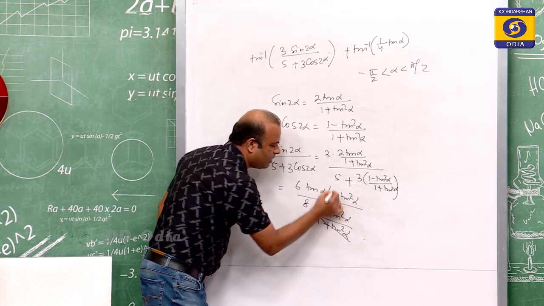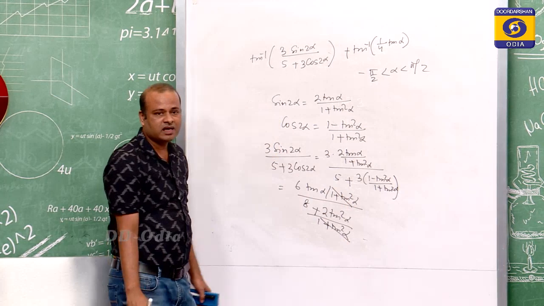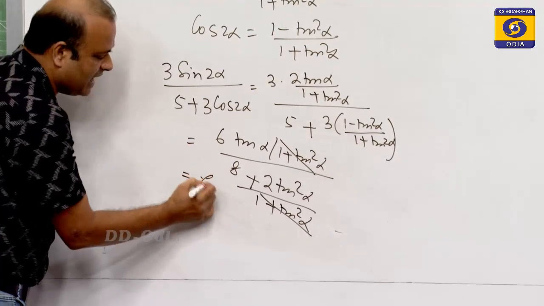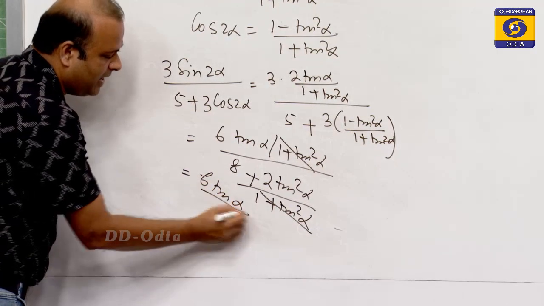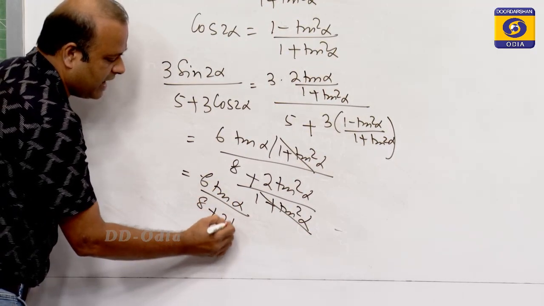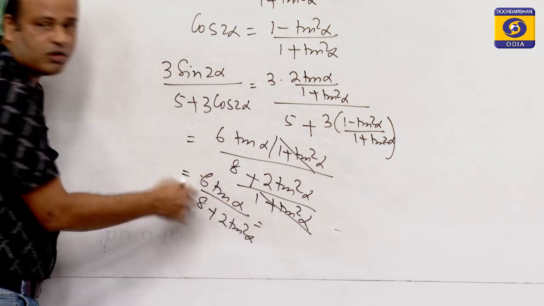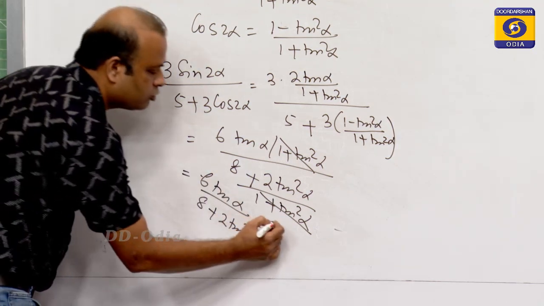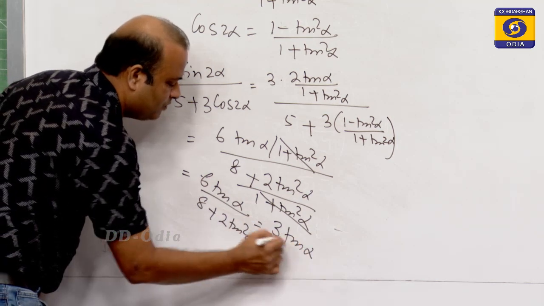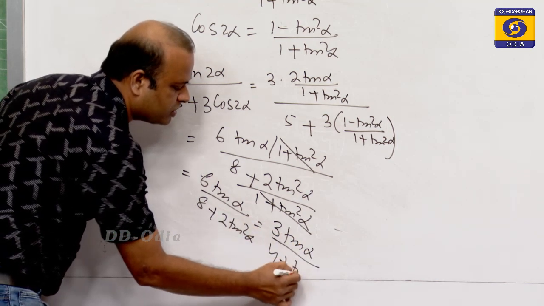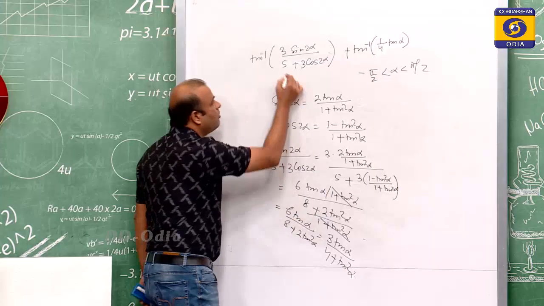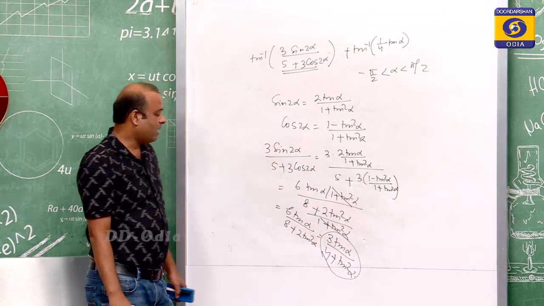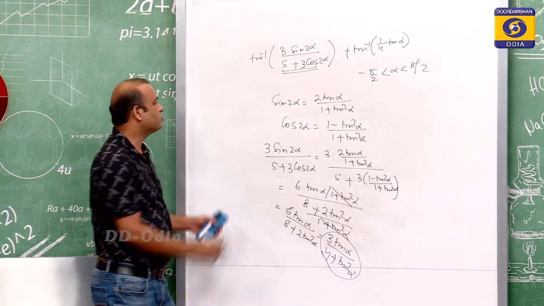Now 1 plus tan square alpha cancels out, and the value is 6 tan alpha divided by 8 plus 2 tan square alpha. Take 2 common from the numerator as well as the denominator. So it is 3 tan alpha divided by 4 plus tan square alpha.